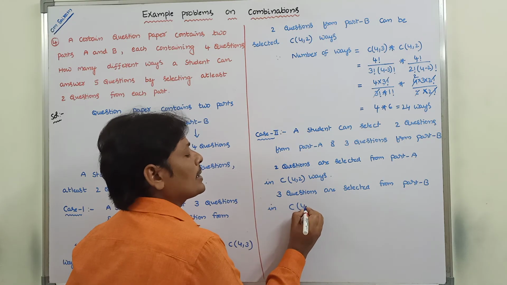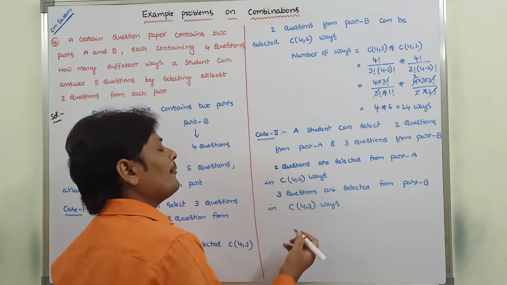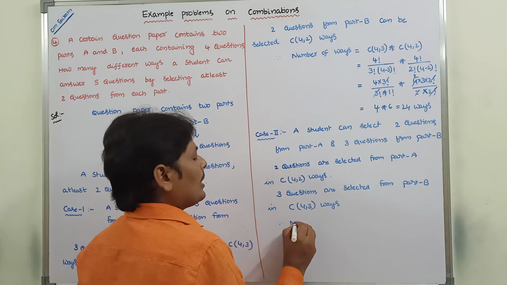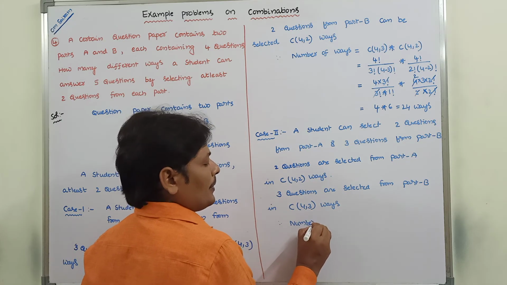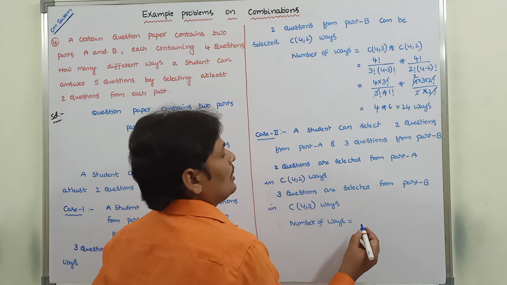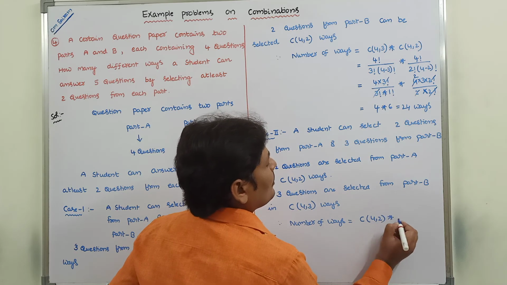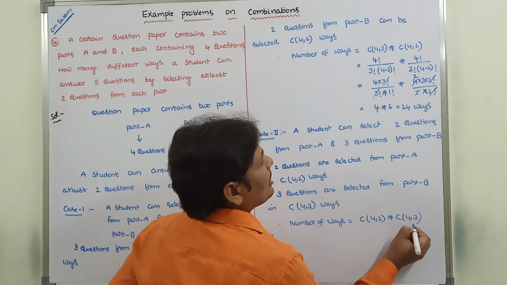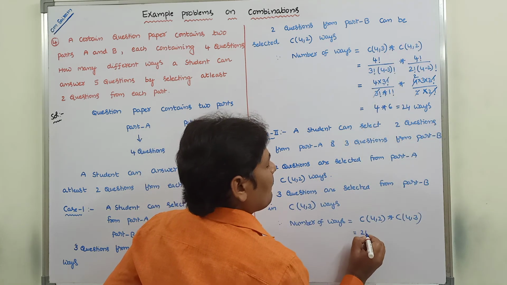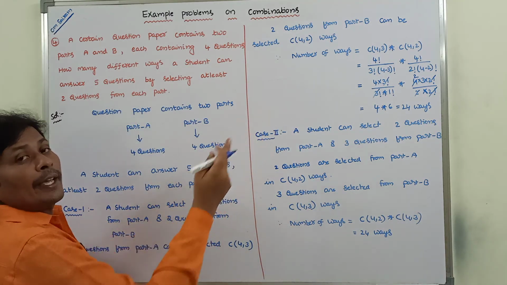Part B contains 4 questions. Among the 4 questions, I am taking 3 questions, so C of 4, 3 ways. Therefore the number of ways is C of 4, 2 into C of 4, 3. It is the same, reversed, so the answer is the same: 24 ways.